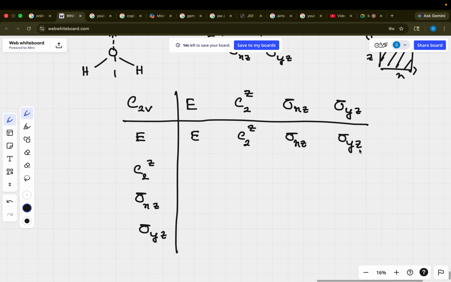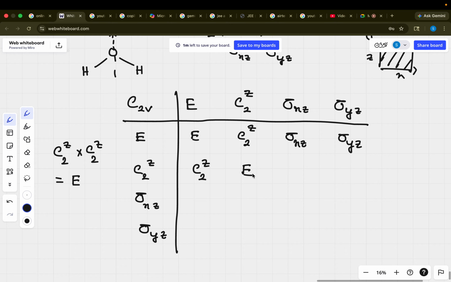Now C2Z into E, you will get C2Z. C2Z into C2Z, that means you get C2Z square, or you can write identity.